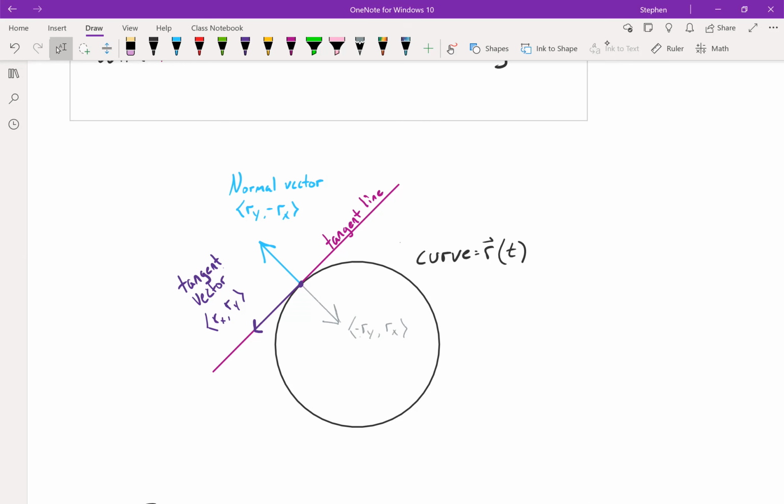It's just that one points out of the circle and one points into the circle. And we'll end up coming back to this idea of pointing out or pointing in as an orientation for a normal vector. Here we're talking about out versus in, but in a moment we're also going to look at up versus down as two orientations for our vectors.